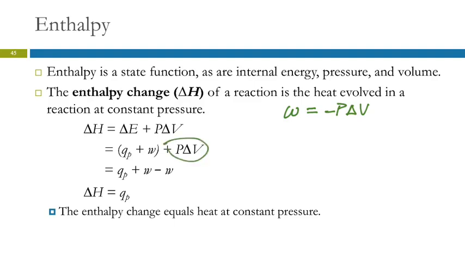So this piece right here is equal to negative W. So Q_P plus W minus W just ends up being Q_P. I'm not going to test you on that derivation, but this is what scientists do. It's like math voodoo or something. So delta H is equal to Q, heat at constant pressure.